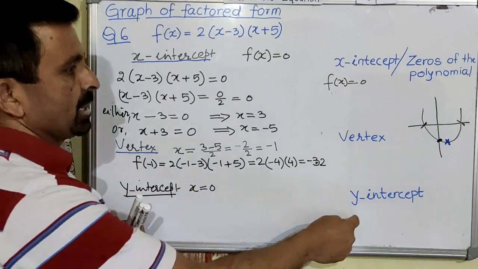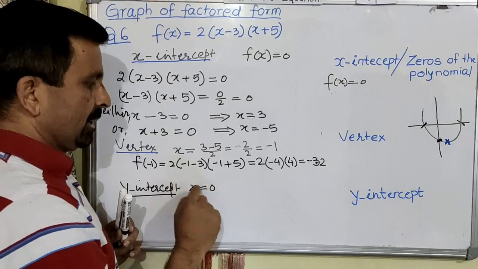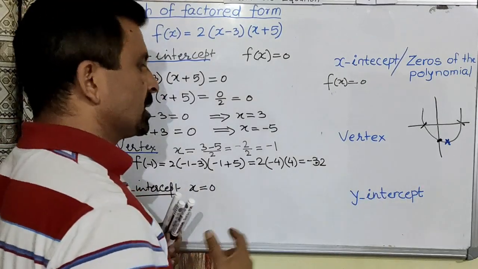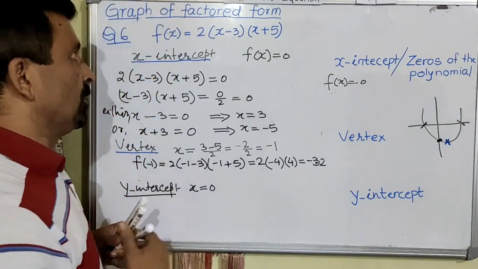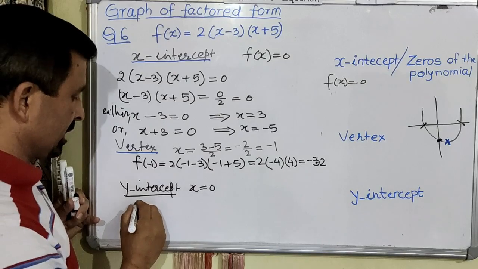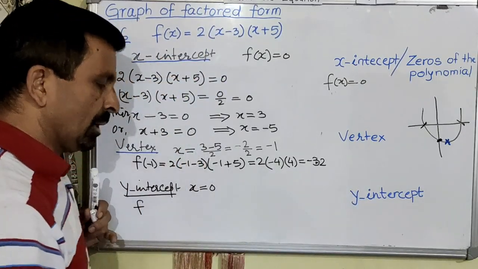Now we have to find the y coordinate of this point. For this y-intercept, we have calculated the x coordinate. Now we are going to calculate the final task, that is the y value of this y-intercept. For that, we can again use the original equation.